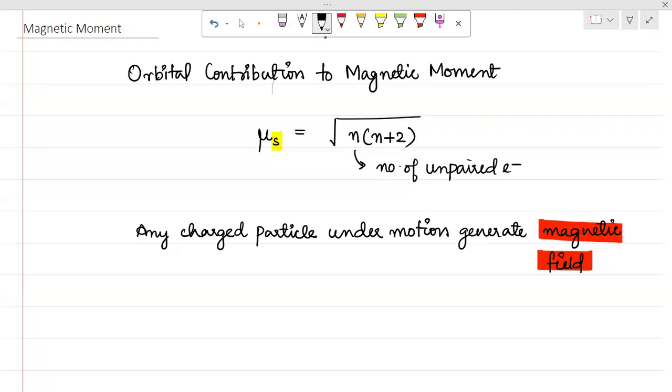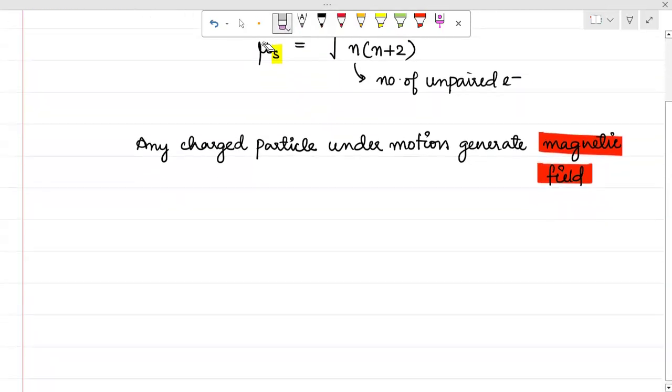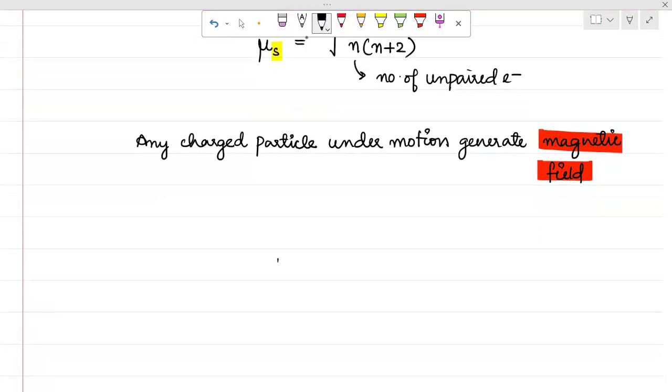If you have an electron which is not moving, there won't be any magnetic field. But in our case, the electron that we consider has two types of motions. One is the spin motion.